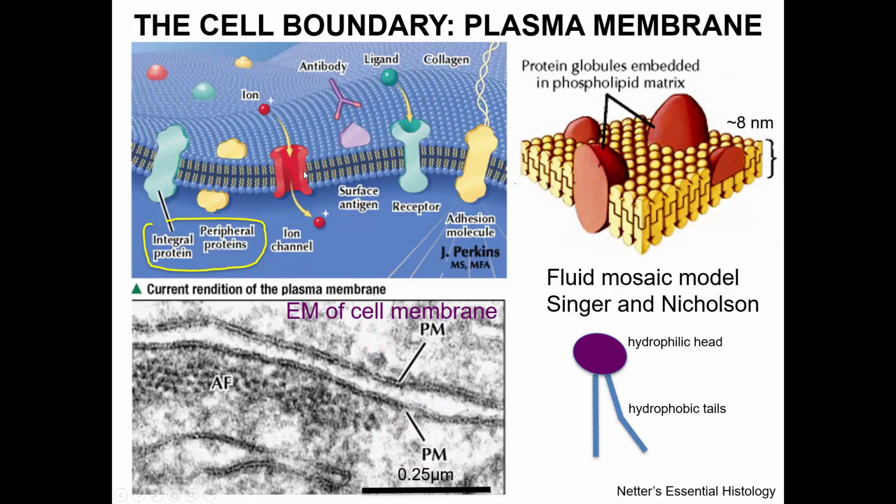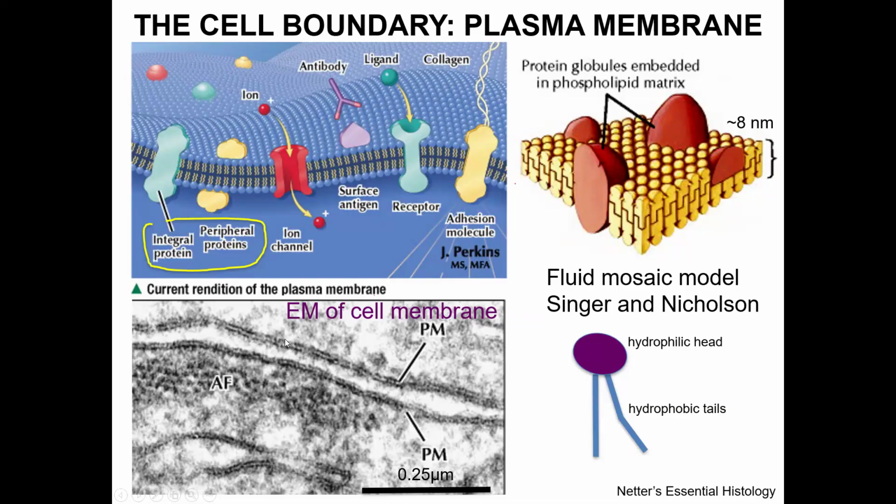The way these phospholipids are organized is with the heads towards the interior of the cell in one leaflet, and in the other leaflet the heads are oriented to the extracellular side. The fatty acids are inside, in between the heads of these two phospholipid layers.